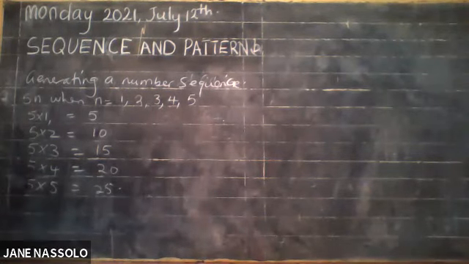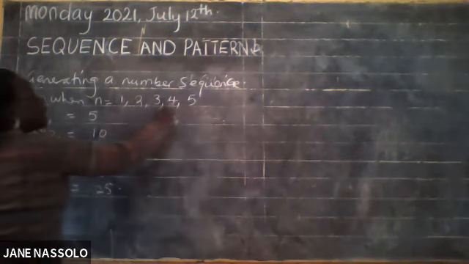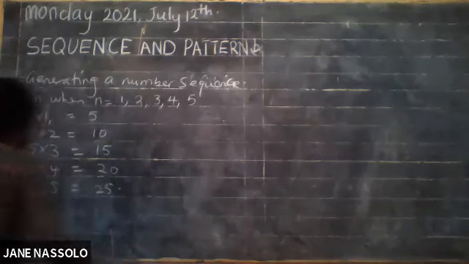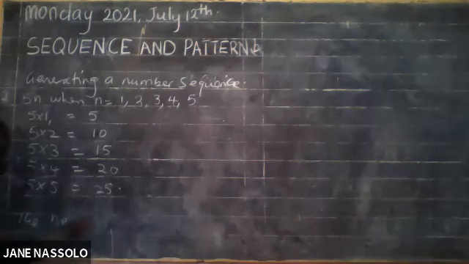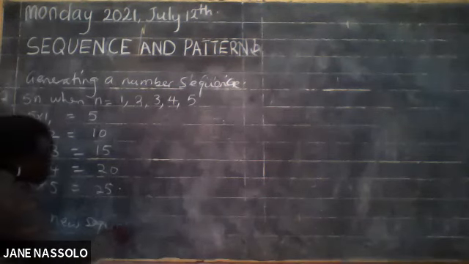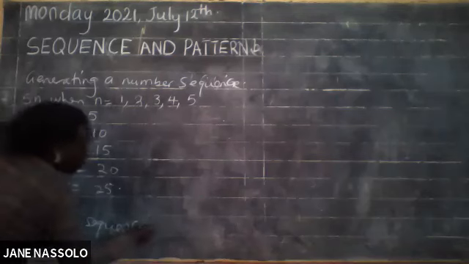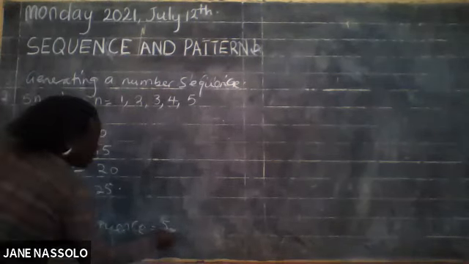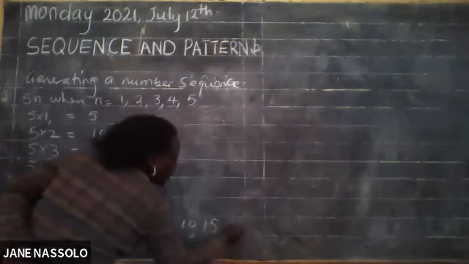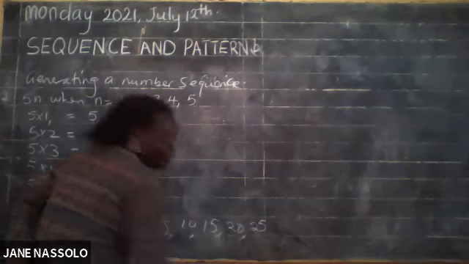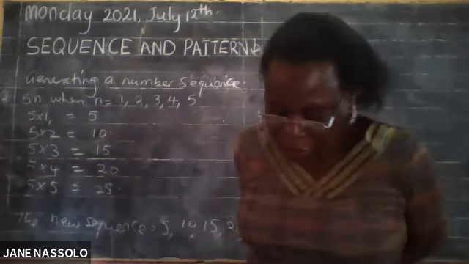So if the formula is 5n, n equal to 1, 2, 3, 4, 5 would give us the new sequence: 5, 10, 15, 20, and 25. Thank you very much. Continue.